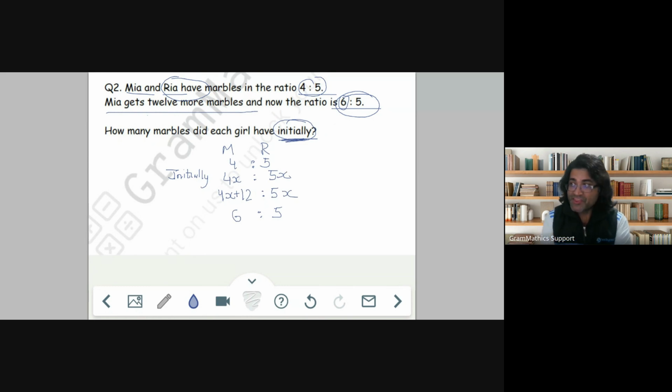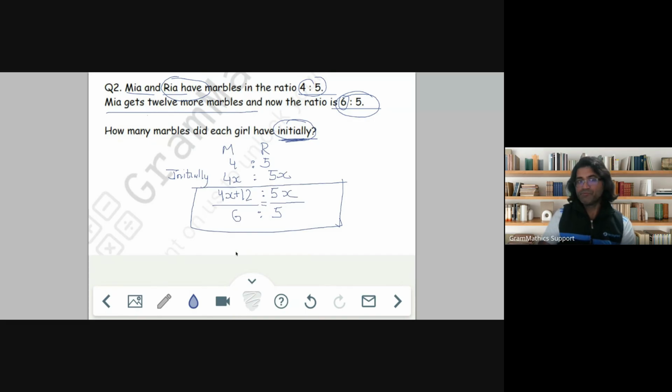The method here is when you compare fractions in terms of algebra, and you know that 4x plus 12 is to 5x is the same as 6:5, you can put a bar under it and treat it like a fraction and put an equal to sign. Because 4x plus 12 is to 5x is the same as 6:5.